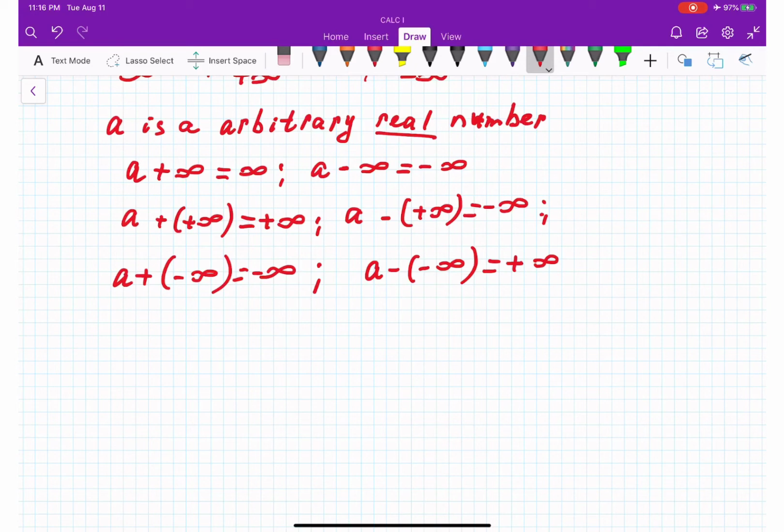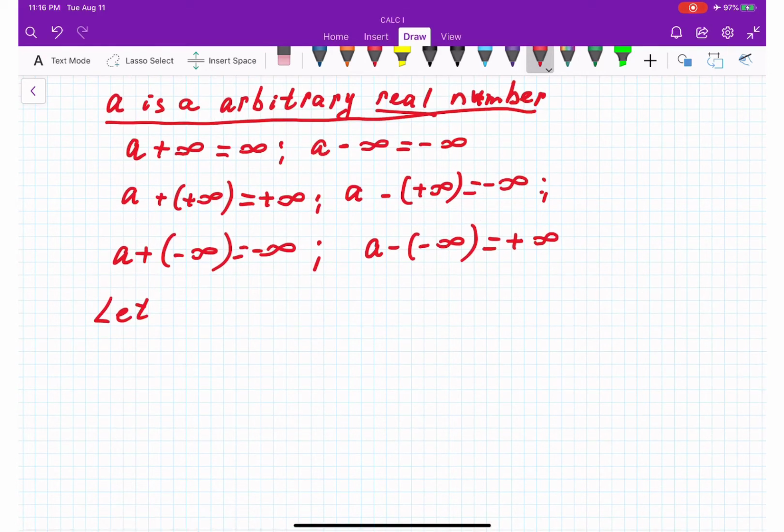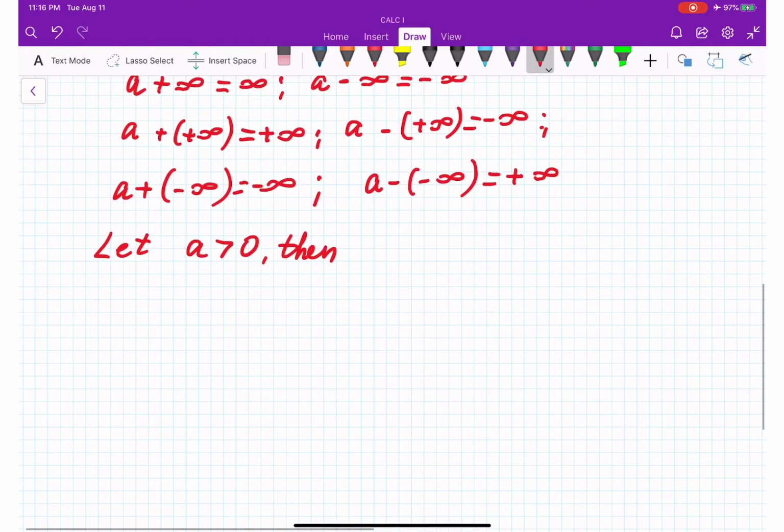So let a be greater than 0. Then what do we get? A times infinity.